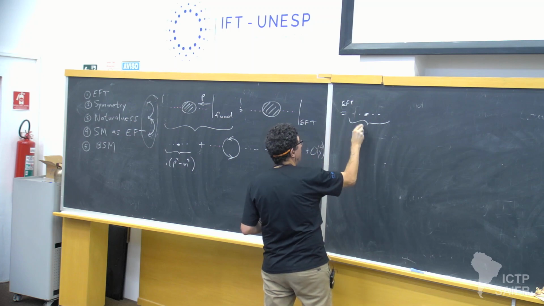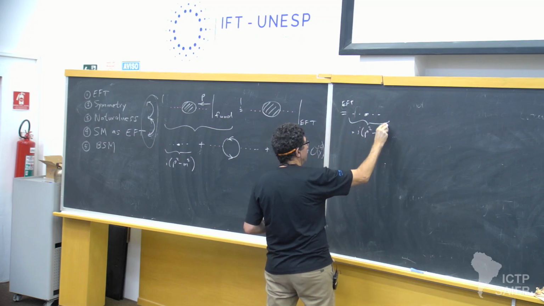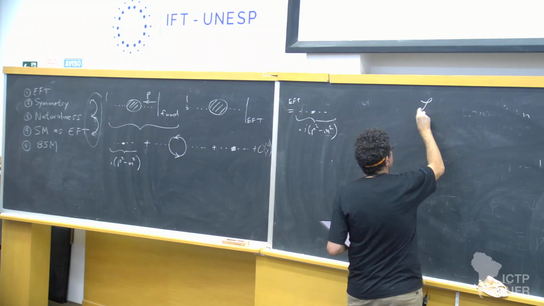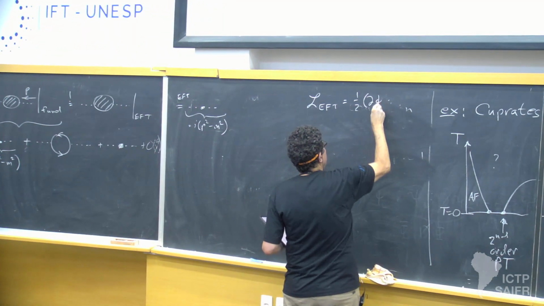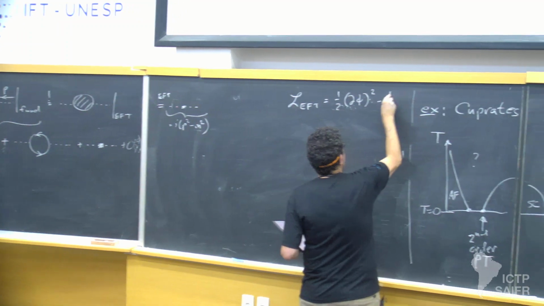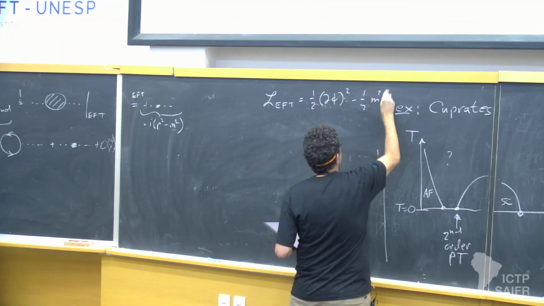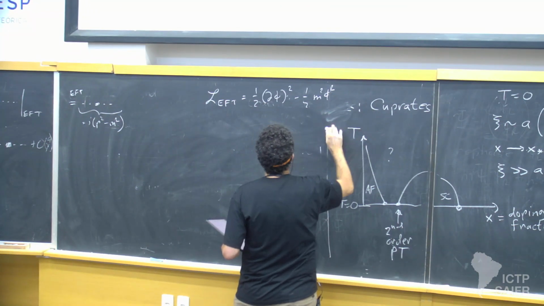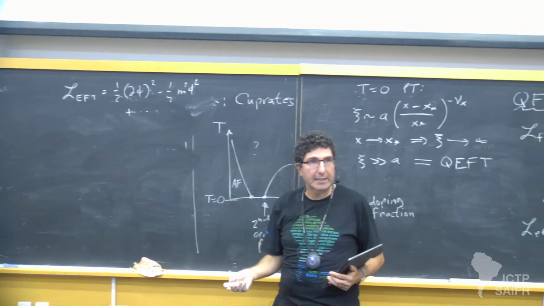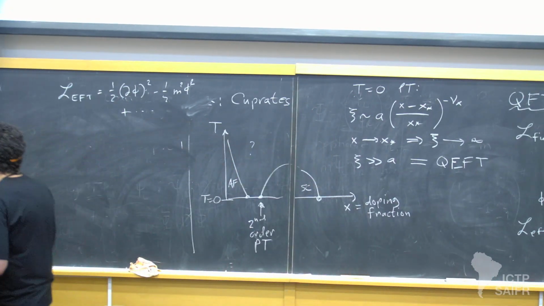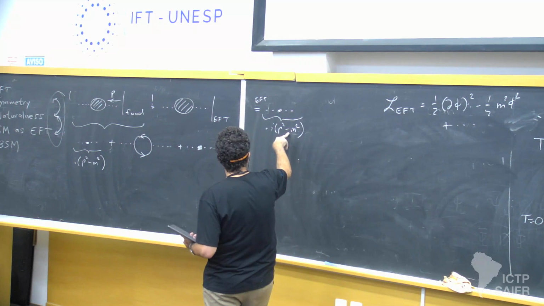And this is just equal to i(p squared minus m squared). Okay, so I'm writing the EFT as 1/2 (partial phi) squared minus 1/2 m squared phi squared, okay? So this term gives me just this, okay?